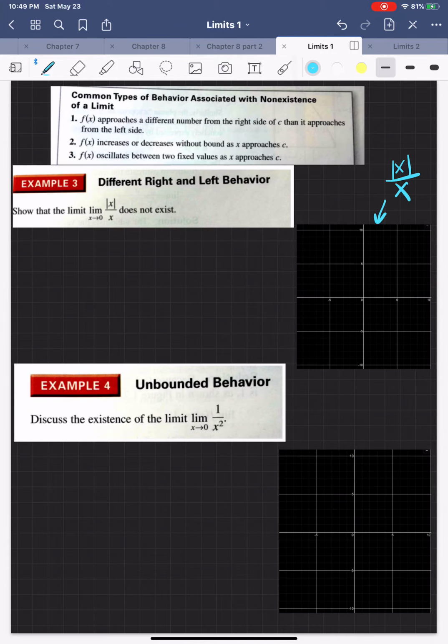Forgive me, I know that the tick marks say from 0 to 10, but just because I can't zoom in, let's pretend that this is 1, and then let you and I pretend that this is -1, okay? But here's what the graph would look like if you were to graph this on your calculator.